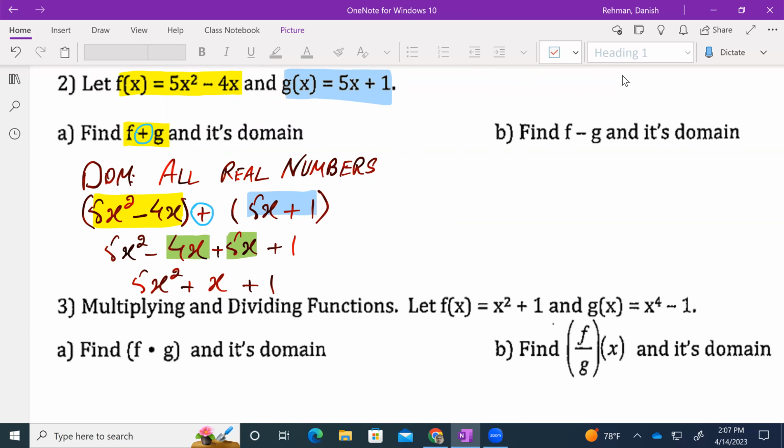So I will write down first in yellow highlighted the function f, and then I will write down the blue highlighted function g. First thing, the function f is 5x squared minus 4x. Then the blue highlighted g of x.